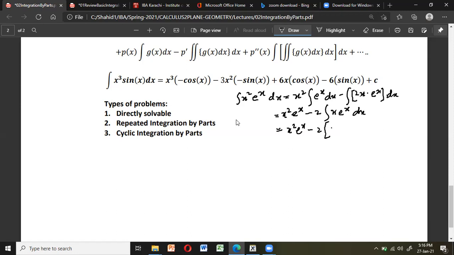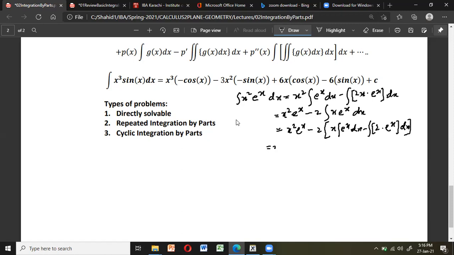Now the first function is x, the second function is e power x, minus the integral of the derivative of the first function times the integral of the second function, integrated.